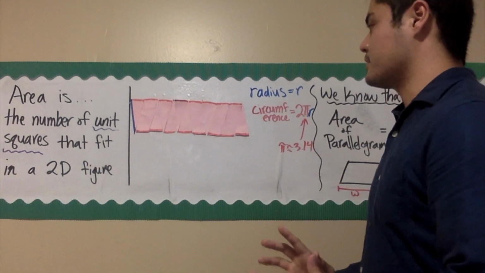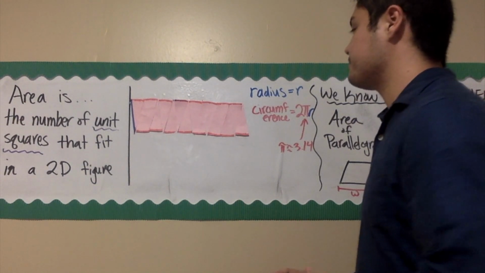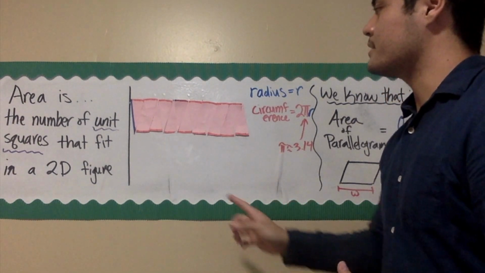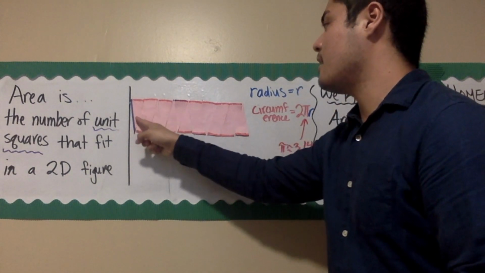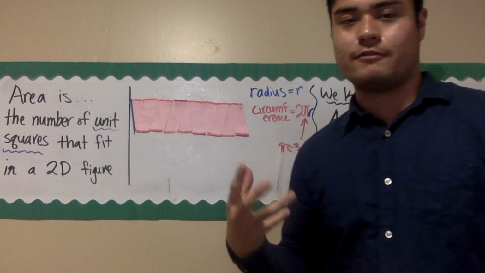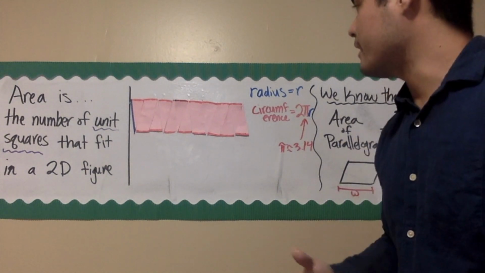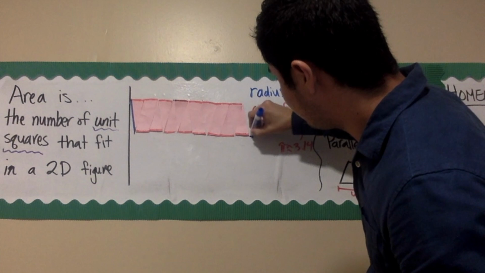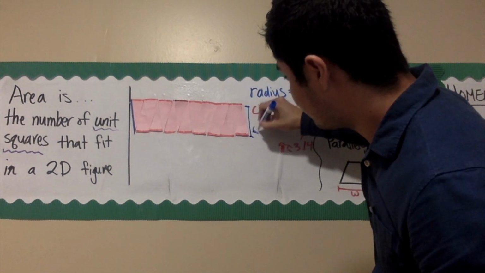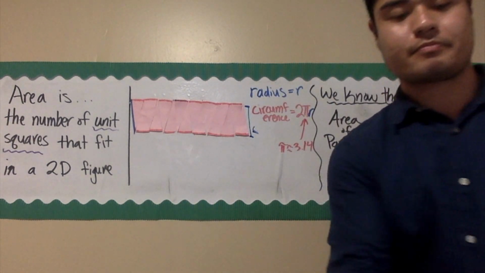So where did the radius go and where did the circumference go? Well, I noticed that the blue radius is on this side. It is the length of the side of the four-sided figure. The radius is right over here. I'm going to denote that as r.